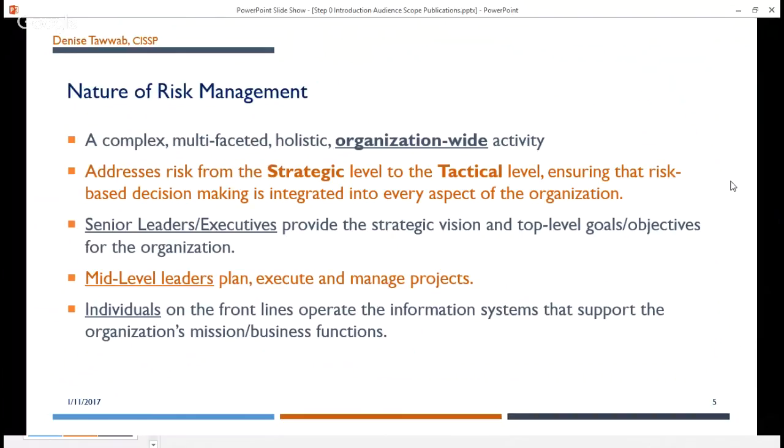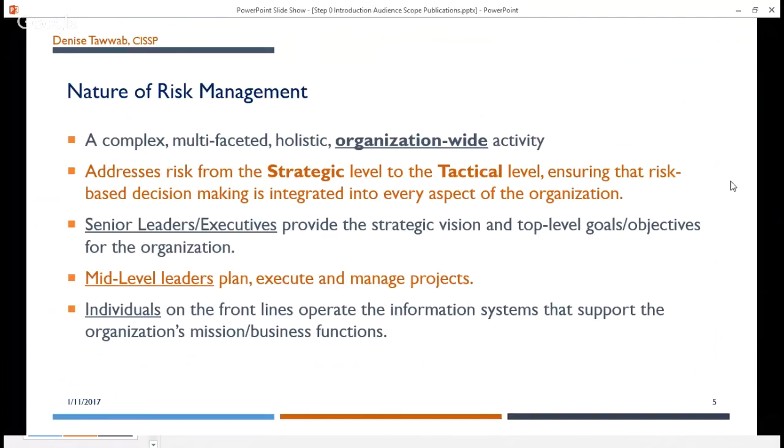Okay, the nature of risk management, especially when you're talking about information security management, is that it's complex, it's multifaceted. If it's done right, it's holistic, and it involves the entire organization. So it is an organization-wide activity. Risk management is going to address risk from the strategic level down to the tactical level, and we're going to ensure that risk-based decision-making is integrated in every aspect of the organization.